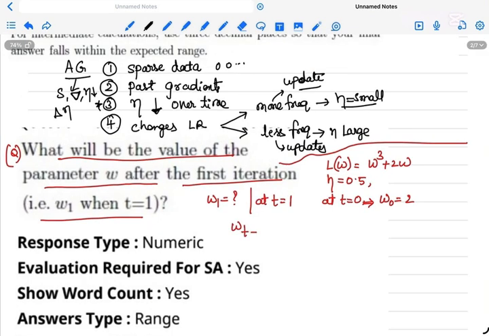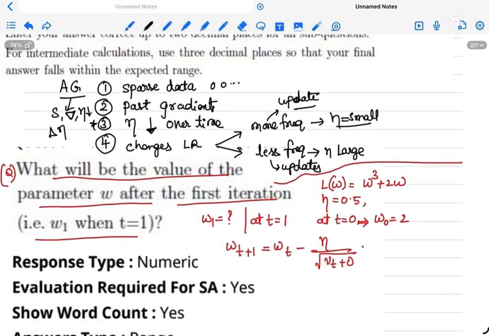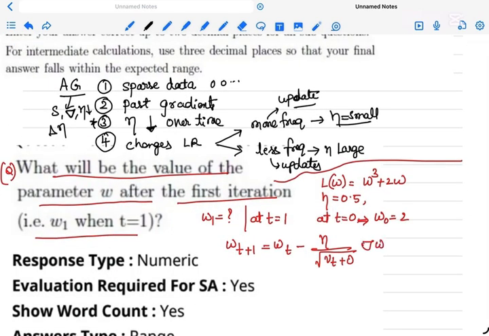Relation: Wt plus 1 equals Wt minus eta divided by square root of Vt plus epsilon 0, times delta Wt. In this relation they are asking W1, that is t equals 0 plus 1, so Wt is W naught.